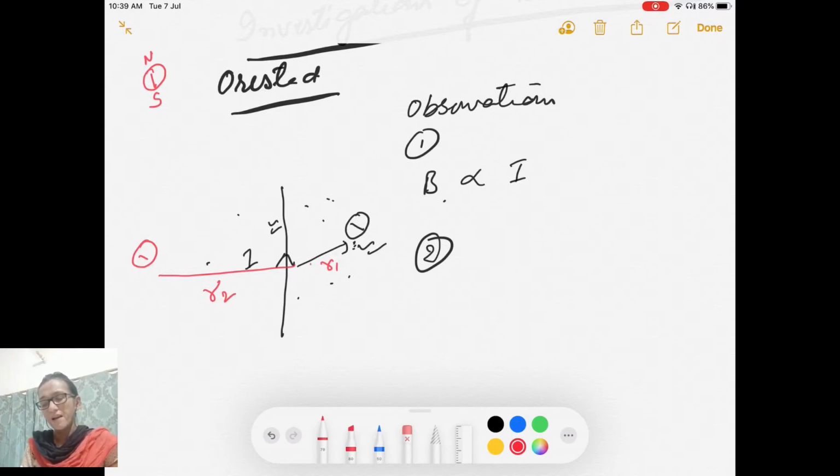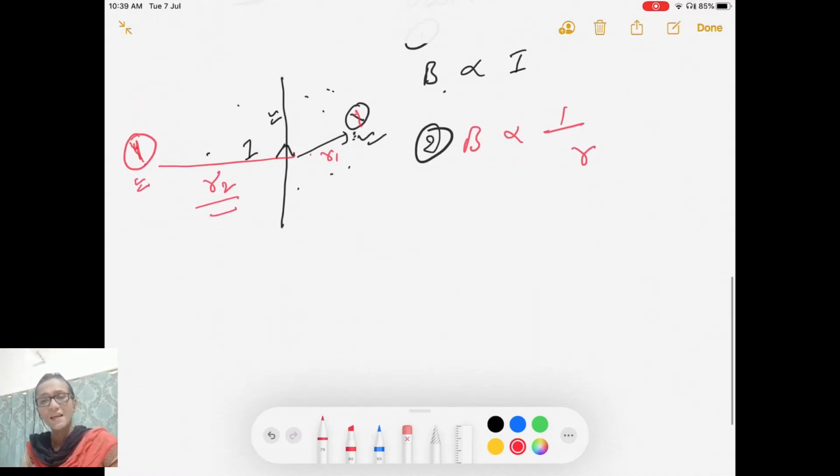When a compass needle is placed near the wire, it is deflected by this much angle. Now when distance is increased, the needle should be directing north-south, and only a feeble, very small deflection is there. It seems that they are inversely proportional. What are inversely proportional? The strength of the field B at this point due to this current-carrying conductor is inversely proportional to distance. These two things he observed.